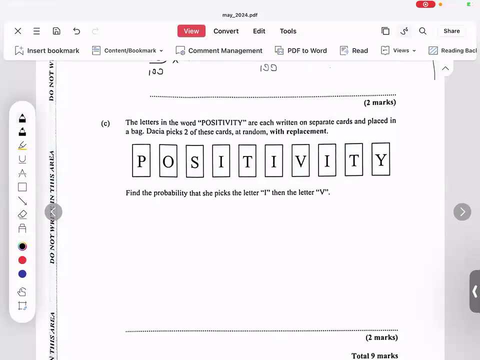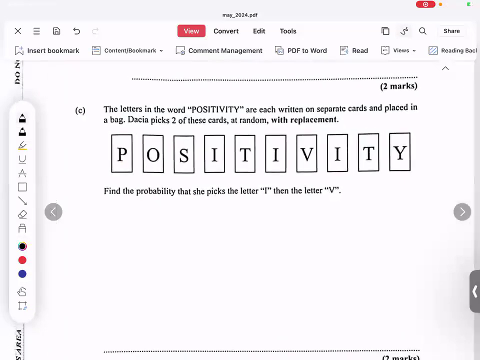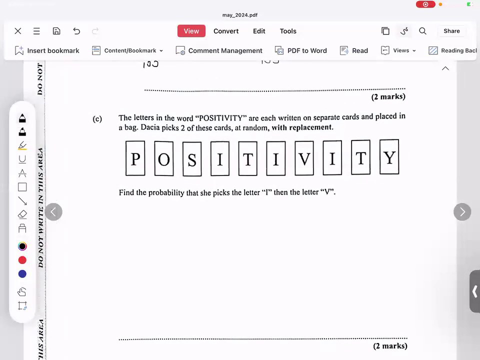So she pick up the cards out of the bag and then she put it back into the bag. You have to find the probability of she picking letter I, then letter V.